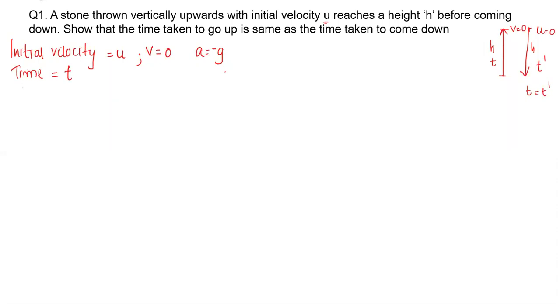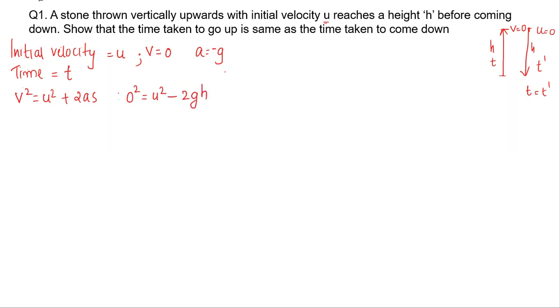Okay, now we know that from Newton's equation of motion, v square is equal to u square plus 2as. Substitute the values, we will get v is 0, so 0 square is equal to u square minus 2gh will come. Why minus?